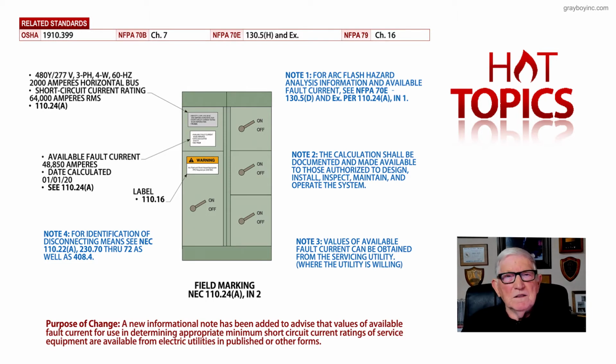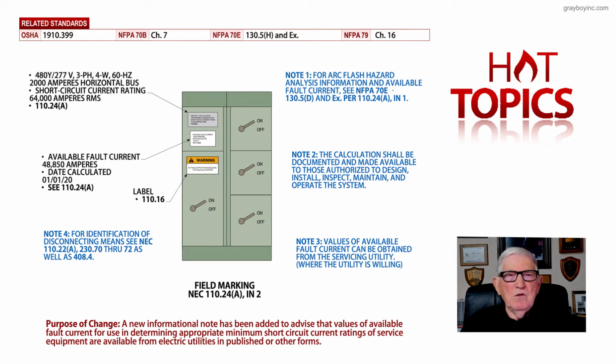Note 4 now, outlining the requirements, calls for the identification of your disconnecting means, either a disconnecting means for equipment, 110.22(A) for appliances, or say the disconnect at the service in accordance with 230.70, one disconnect, two or more disconnects, 230.71 and 72, as well as circuit mapping in 408.4 of the NEC.